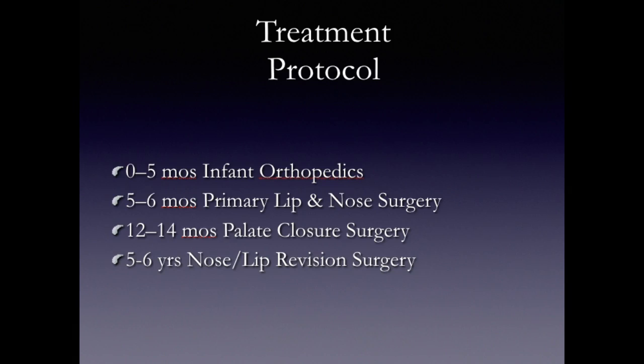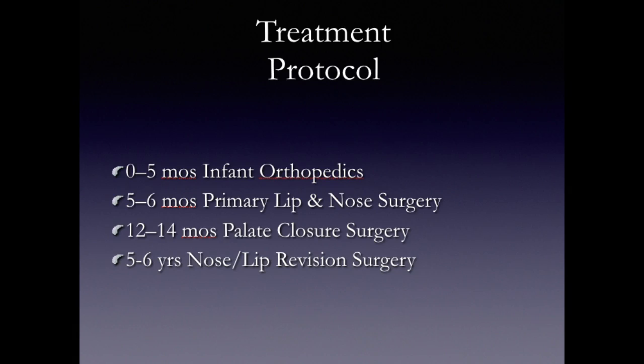One of the videos, the animation one that is on your blackboard shell, shows a little zigzag version of the surgery, so that the tissues zigzag together, and they get a nicer finish in the end. It looks quite nice when it heals. If the palate is involved, they start doing that between 12 and 14 months. And the nose and lip revisions and modifications, like plastic surgery, they'll do between 5 and 6 years, if they're lucky.